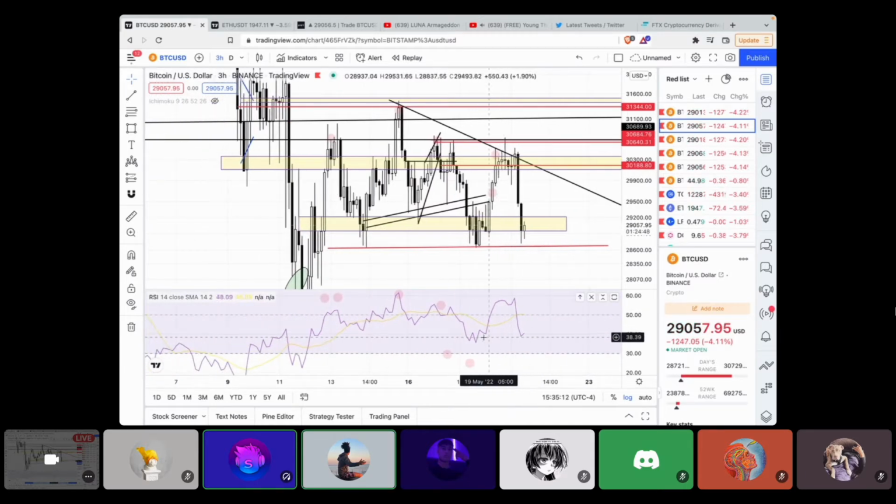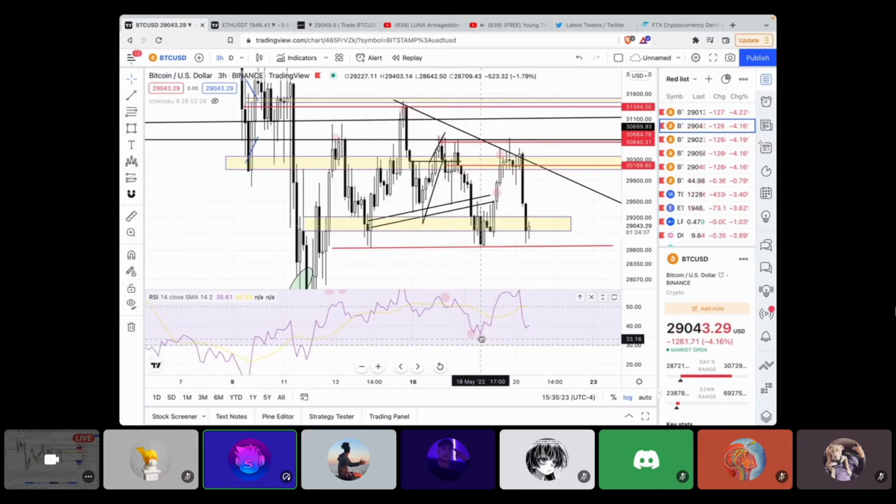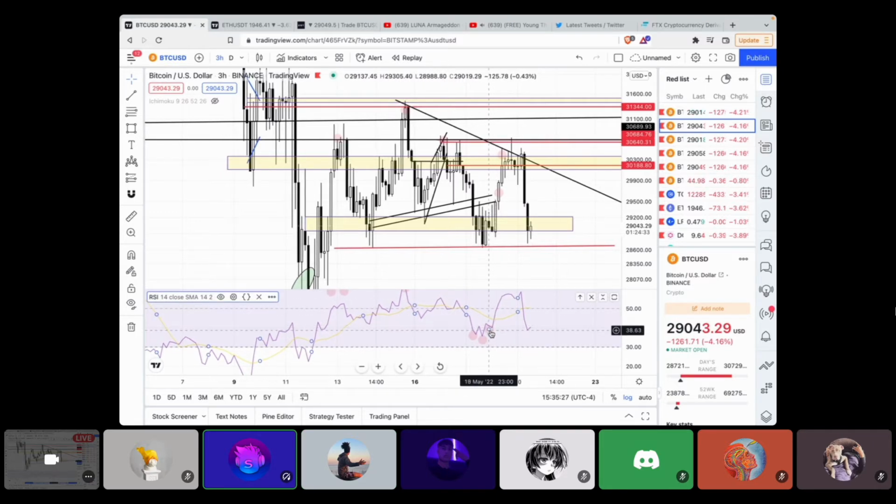But the long we were looking for was just this double bottom hold. Same thing: head and shoulders on the RSI. The left shoulder, the head, and then the right shoulder holding above the 40 RSI was the key.